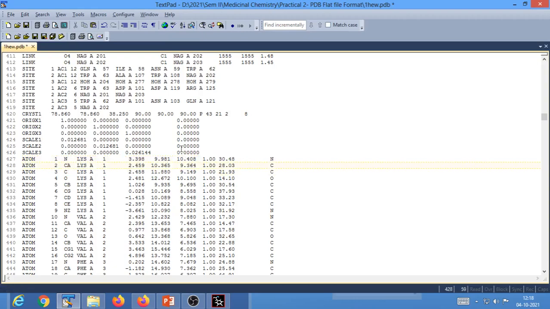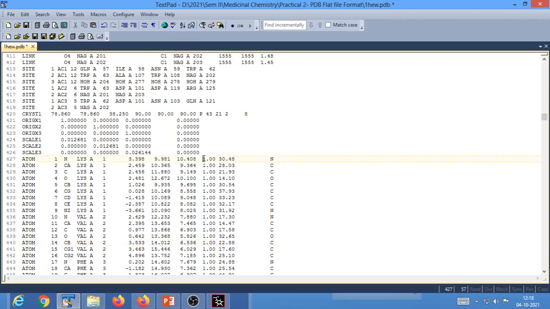This column represents the occupancy of each and every atom in your protein molecule. The column subsequent to occupancy is called the B factor column. This column corresponds to the B factor of each and every atom in your PDB file.